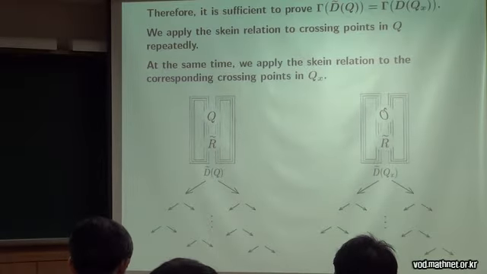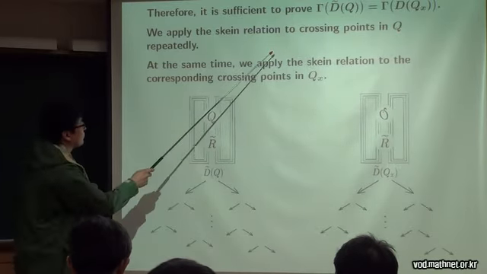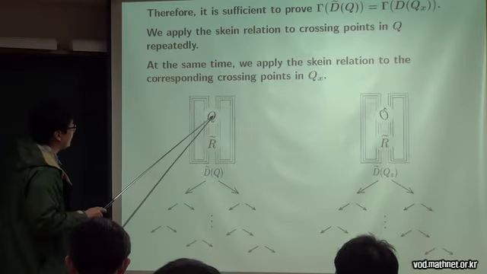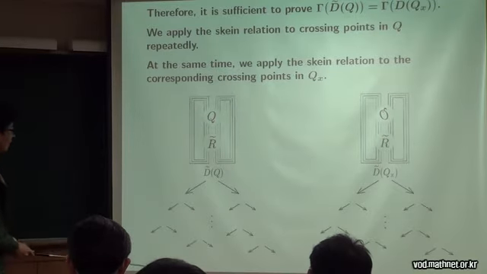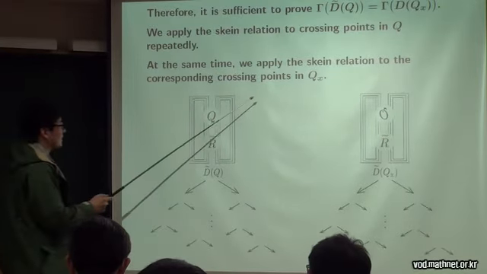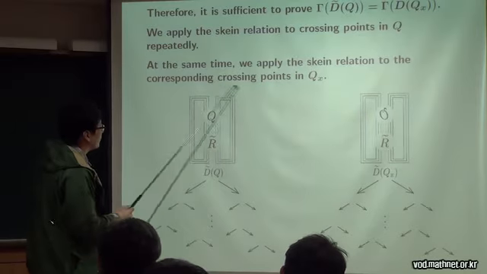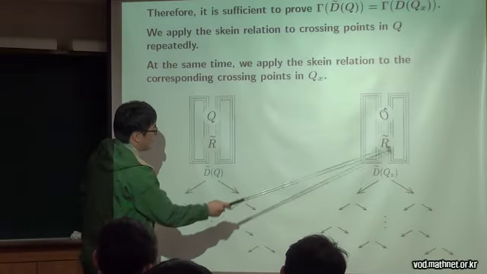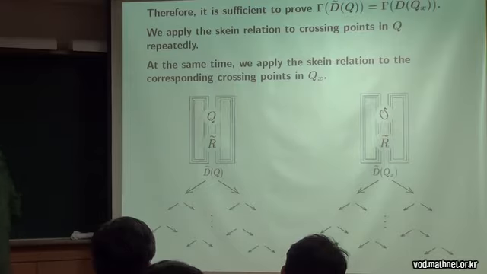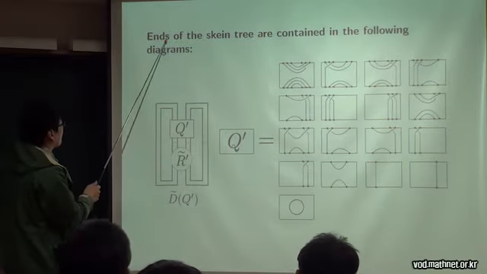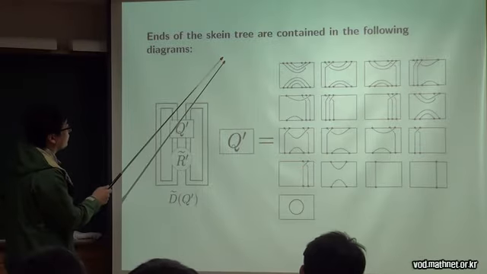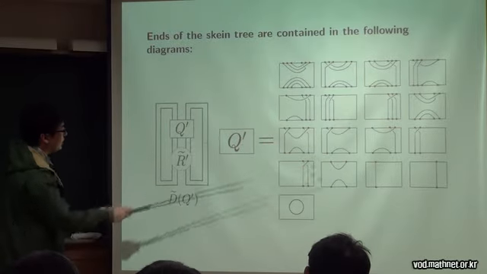First, we apply the skein relation to crossing points in Q repeatedly, like this. And at the same time, we apply the skein relation to the corresponding crossing points in Qx, like this. Finally, we see that the ends of the skein tree are contained in the following diagrams, like this.